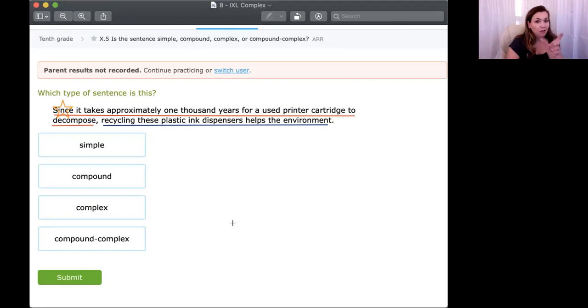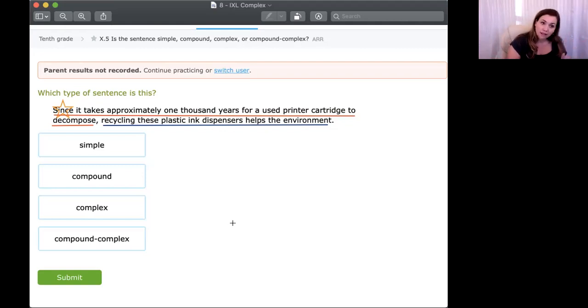So let's read the whole thing and see if it is. Since it takes approximately 1,000 years for a used printer cartridge to decompose, that definitely has a subject and a predicate. And I'm definitely left wondering, so then what happens since it takes approximately 1,000 years? I'm left wondering what. That definitely fits the criteria for a dependent clause.